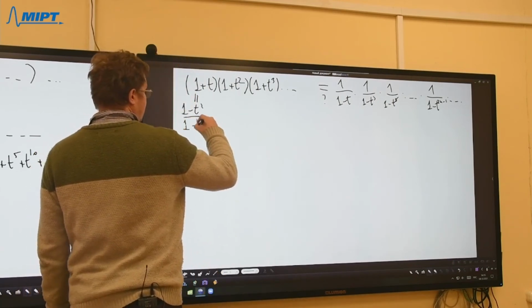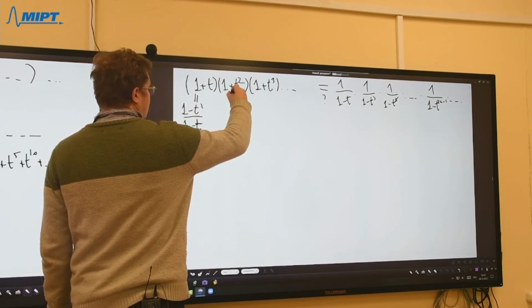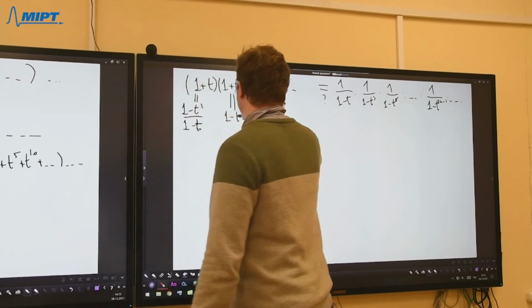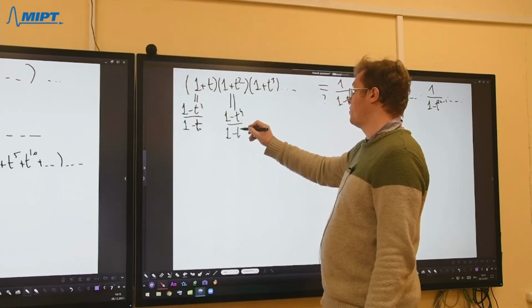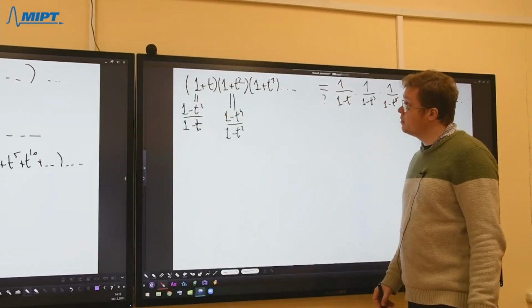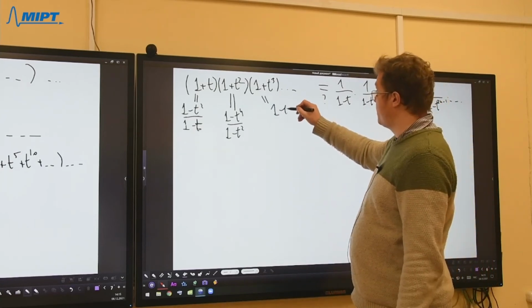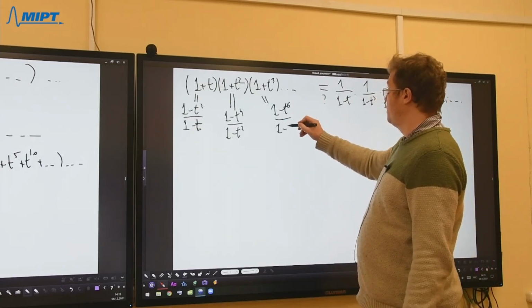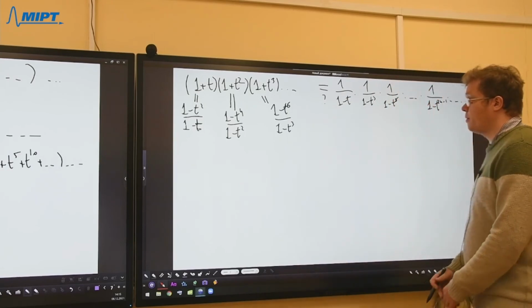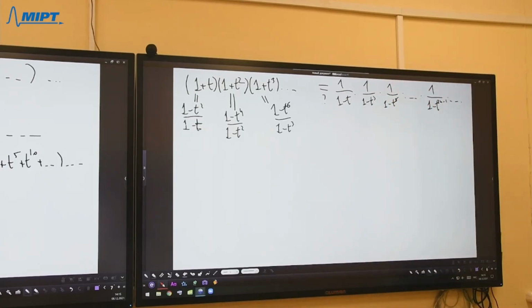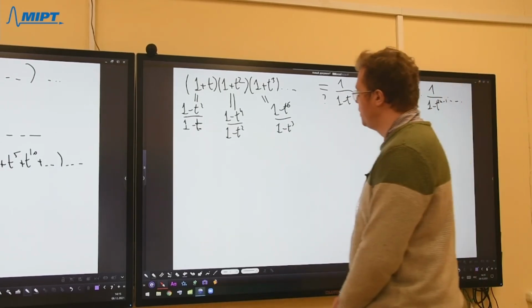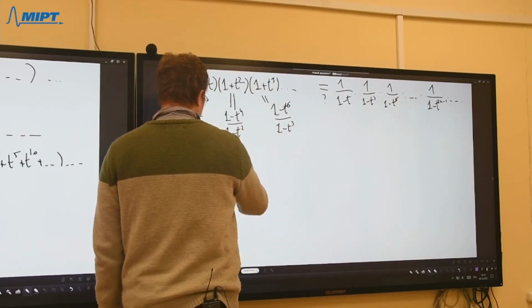Then we represent this as 1 minus t to the fourth power over 1 minus t squared. This is 1 minus t to the 6th power over 1 minus t cubed. And if I do this for every such bracket, I will have the following product.